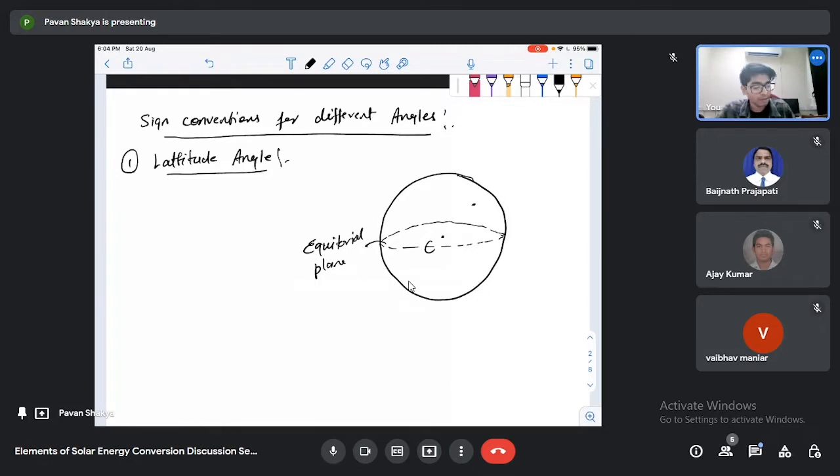Now, if we plot the projection of this location, suppose some point A, on the equatorial plane, let's suppose this is the projection A dash.